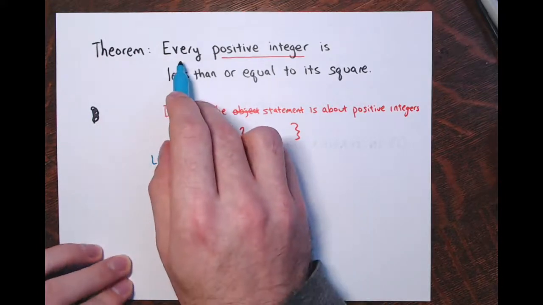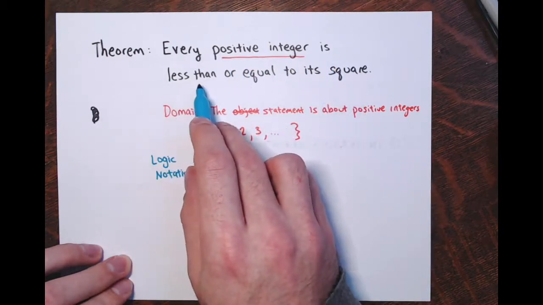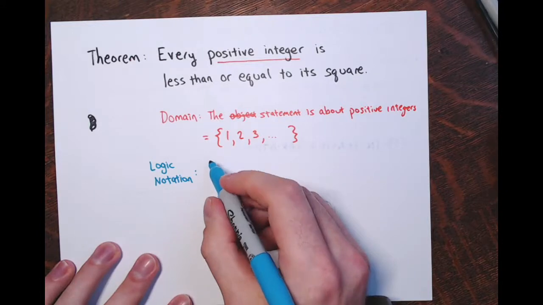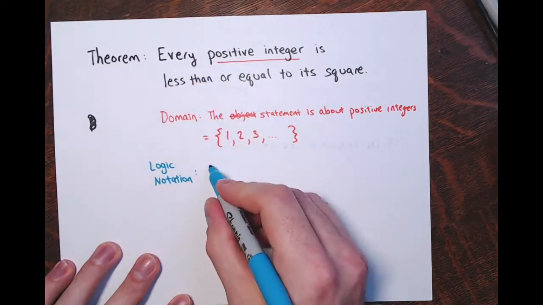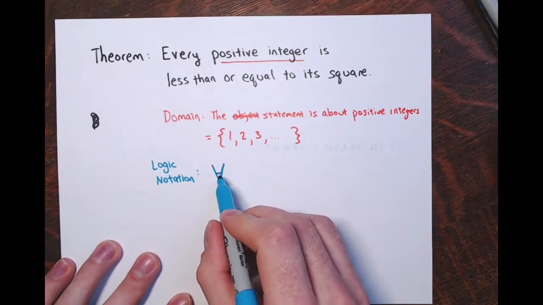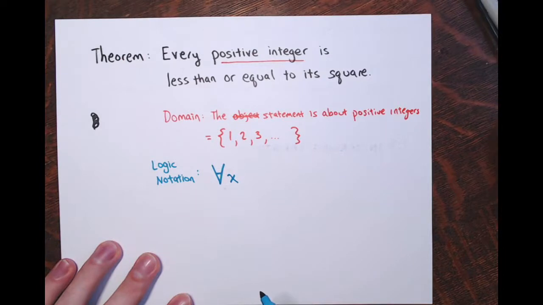So this is saying every positive integer is less than or equal to its square. The "every" is a key word there. So for every single one of these, remember this upside down A, for all these integers, I'll call them x. For all, x represents any positive integer here.